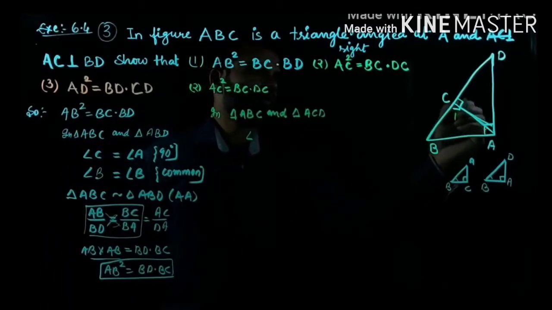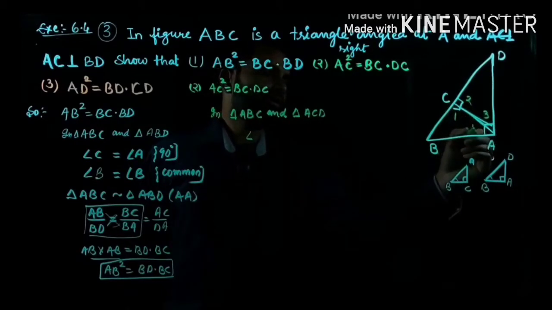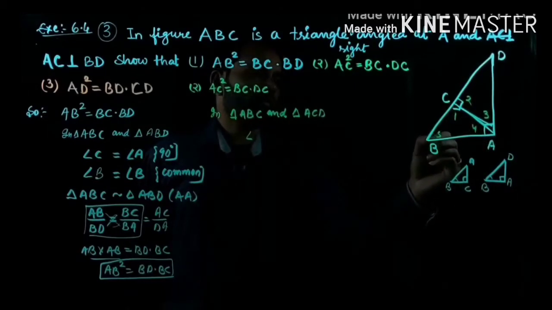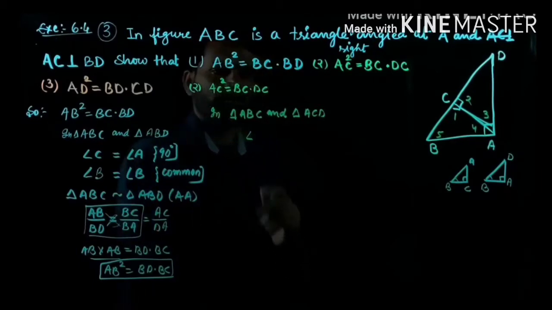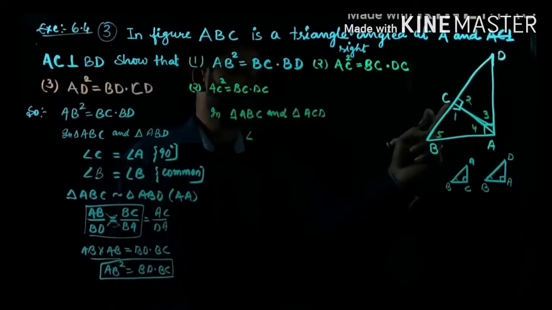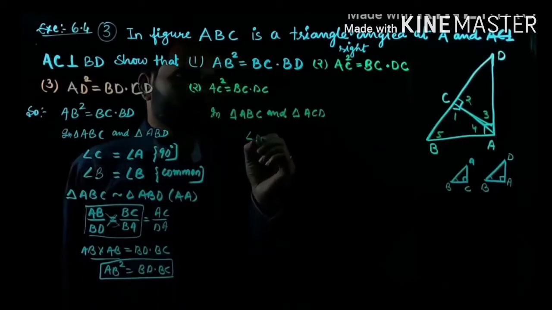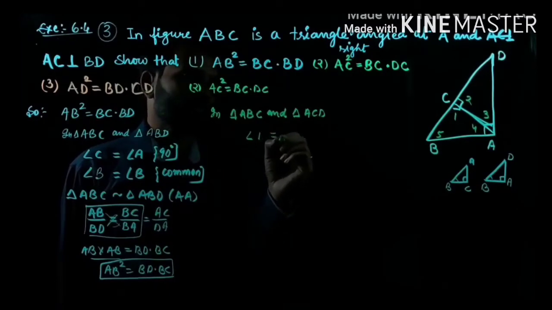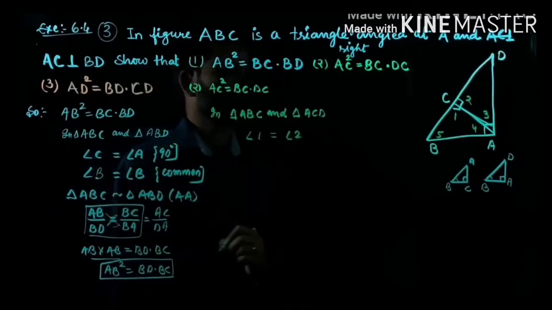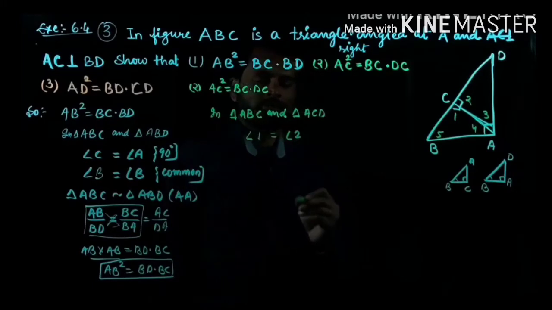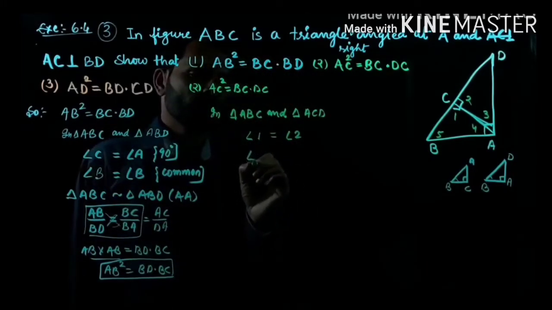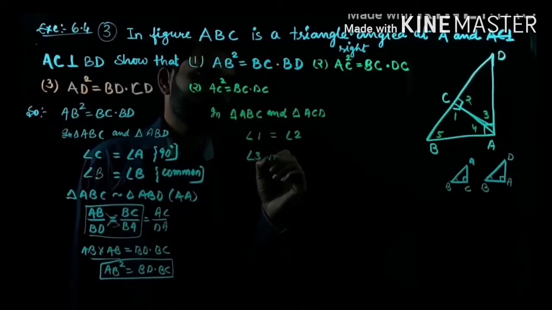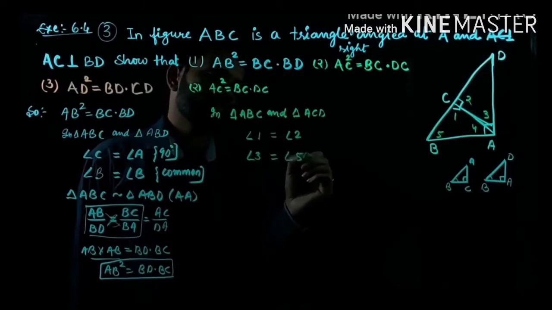First, in the triangle, you write 1, 2, 3, 4 and 5. Okay, because you have drawn the triangle ABC, angle 1 is equal to angle 2. Okay, and angle 3 is equal to angle 5.